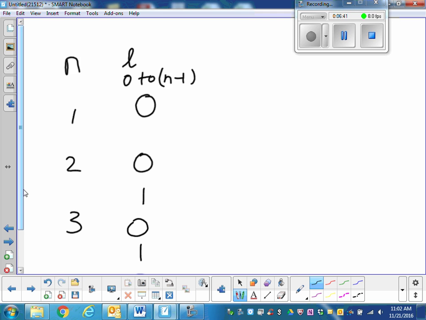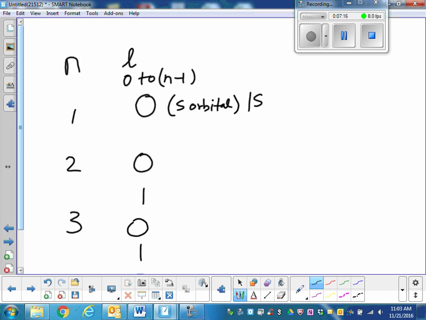If L equals 0, it's the shape of the orbital. What shape do you think it is? It's a spherical shape. L equals 0 indicates an s orbital. Did we just talk about a 1s orbital? Did we just talk about a 1s energy level? Alright.